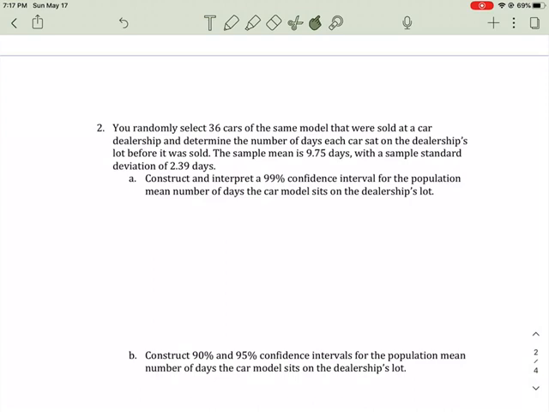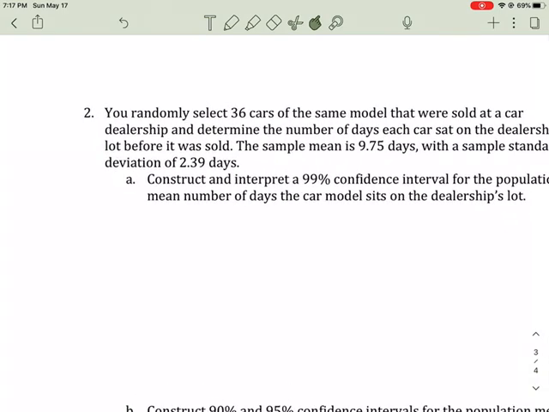All right, so we randomly select 36 cars of the same model that were sold at a car dealership and determine the number of days each car sat on the dealership's lot before it was sold. That's important information. The sample mean was 9.75 days, and the sample standard deviation was 2.39.